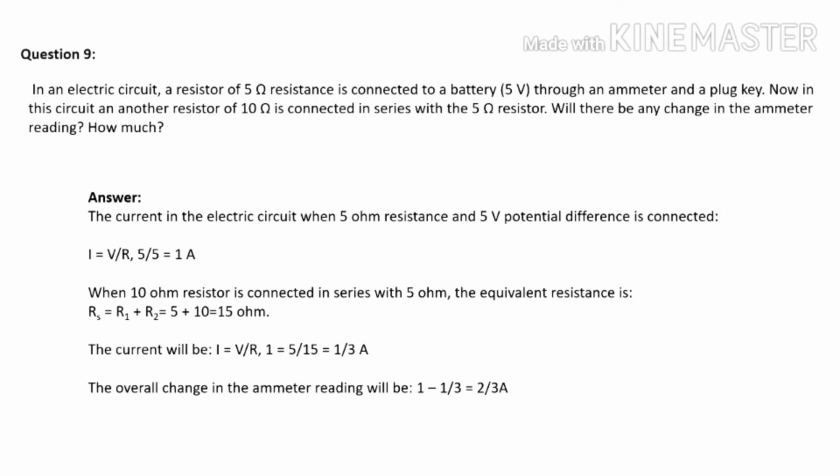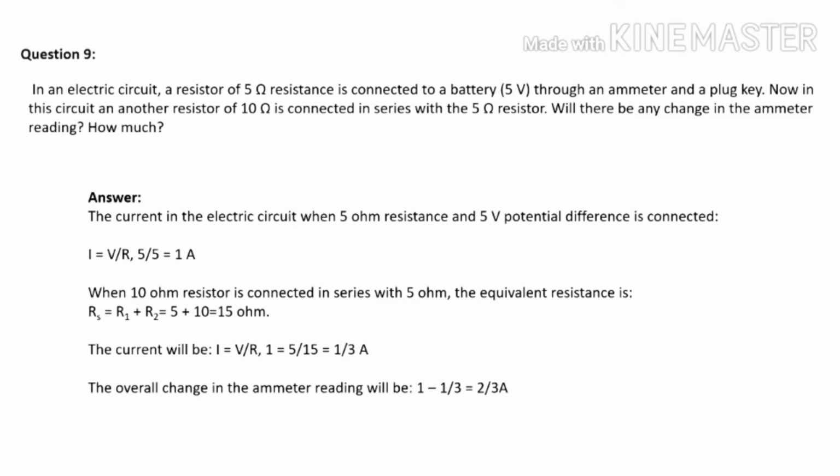After that, in this circuit, another resistor of 10 ohm is connected in series with the 5 ohm. At first 5 ohm, after that you take 10 ohm. 5 plus 10, so the total resistance is 15 ohm.